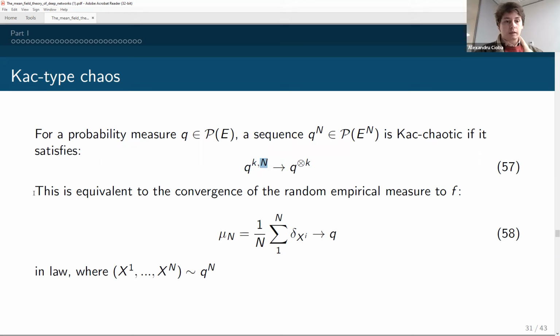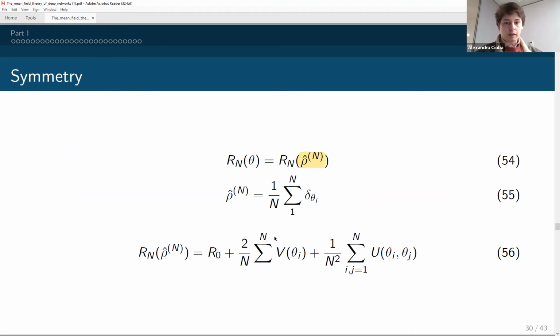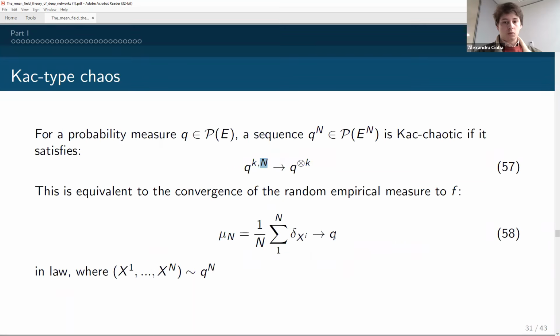The important thing to remember is that you can also replace this condition by the condition that we saw in the previous slide. Namely, you can replace it by a convergence of the empirical measure to the probability measure Q, where the empirical measure is taken over samples x1, ..., xn from Qn.